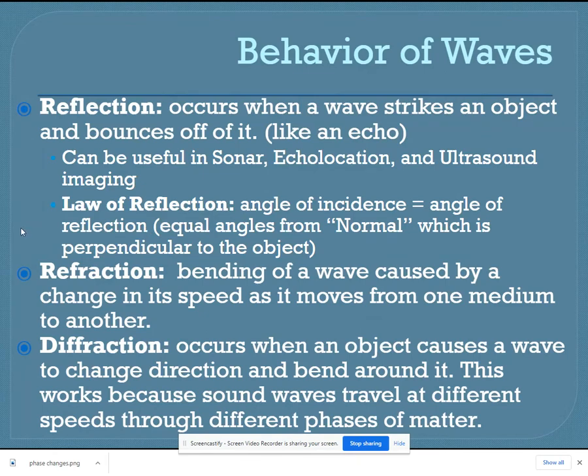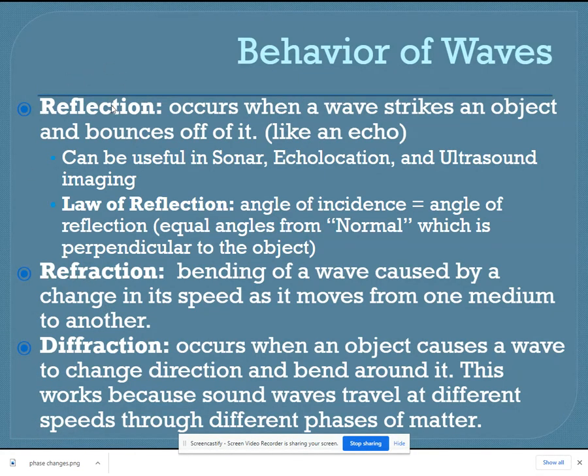The angle where it bounces straight back is called normal when it's perpendicular. And the angle relative to normal as it goes into the wall or into the object, which is called incidence, is going to be equal to the angle relative to normal on the other side that it bounces away. That's all that's basically saying.